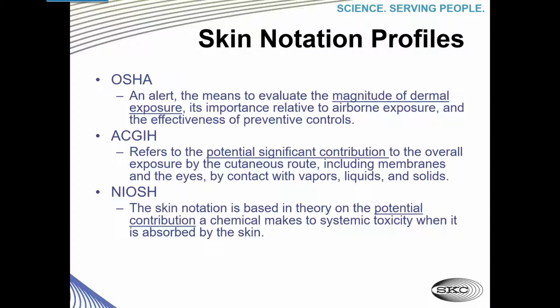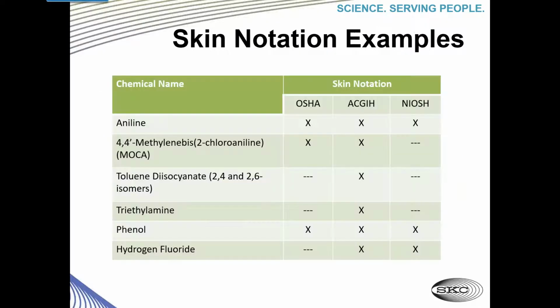According to the ACGIH, the use of a skin notation is intended to alert us that air sampling alone is insufficient to quantify exposure accurately, and that measures to prevent significant dermal absorption may be required. So it's very important to notice this. These are some examples of chemicals that have skin notations.